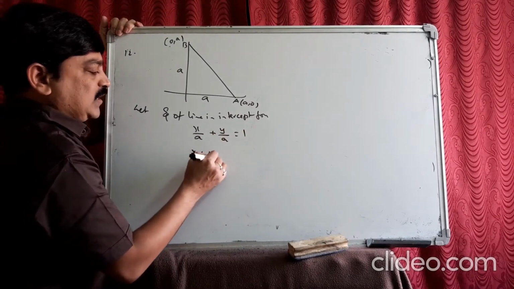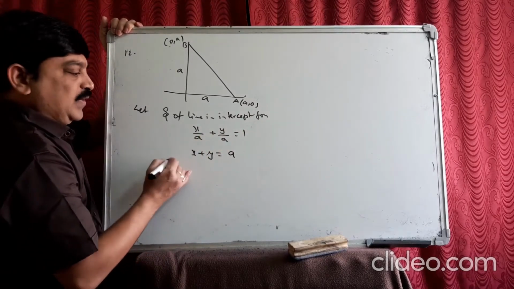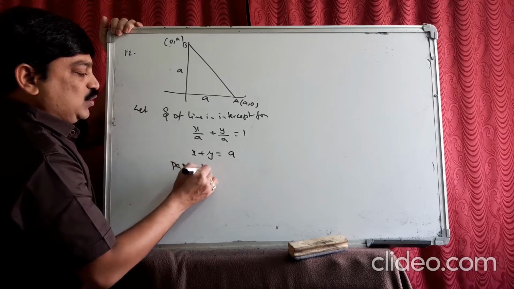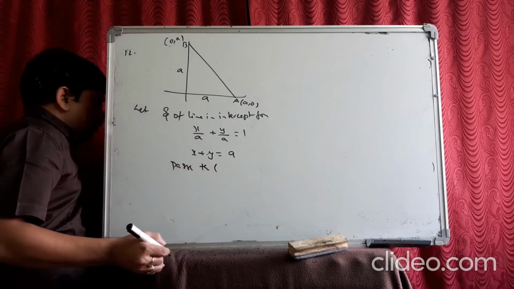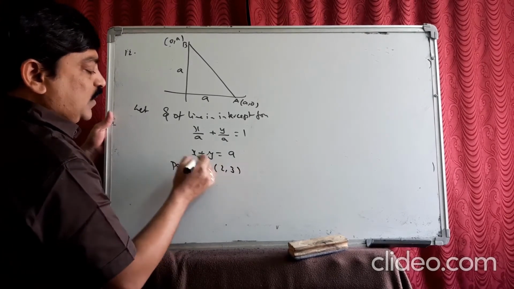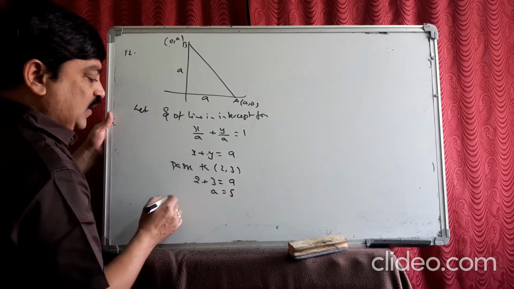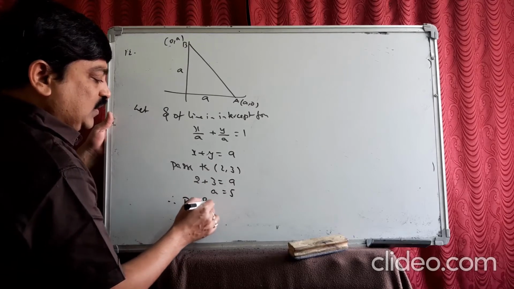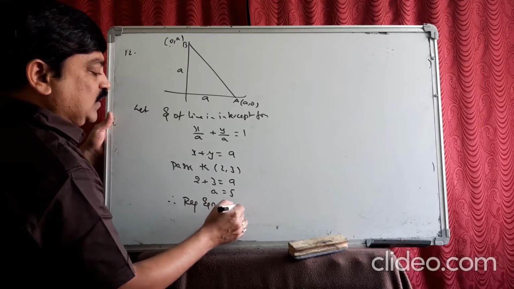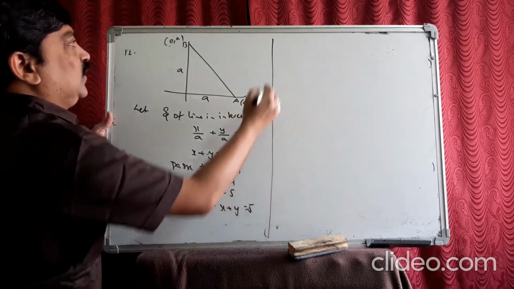Then it can be taken as x plus y equal to a when you take the LCM. It is given that it is passing through (2, 3). So substitute (2, 3) to find the value of a. So a is 5. So the required equation is x plus y equals 5.